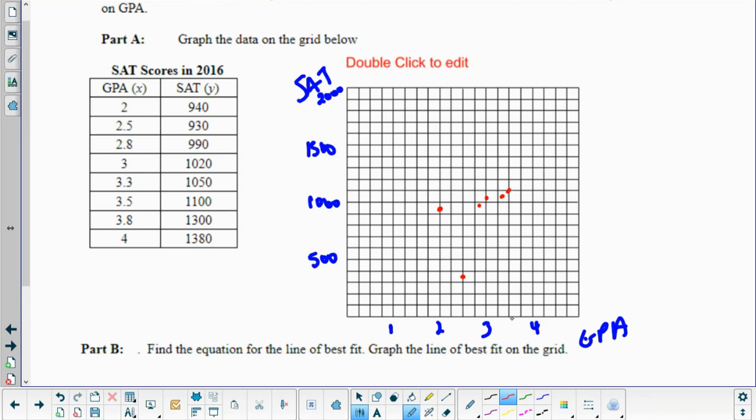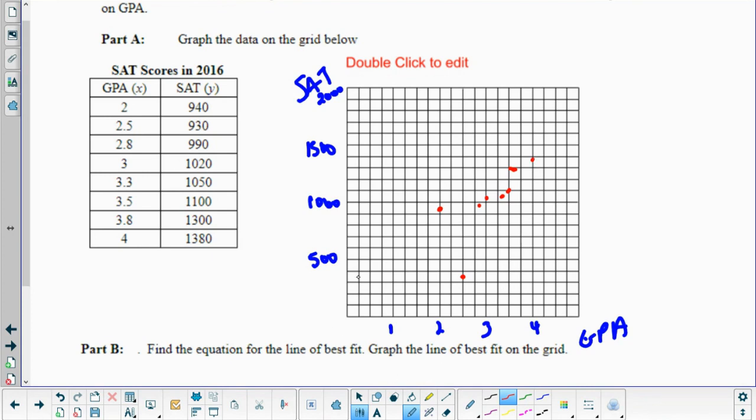Okay, 3.8. It's going to be 1,300. So that would be 12. This will be 13. Right on that. And then 4 is 1,380. It's going to be up there.